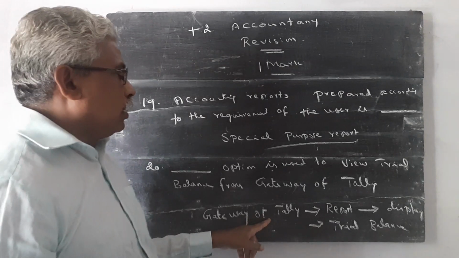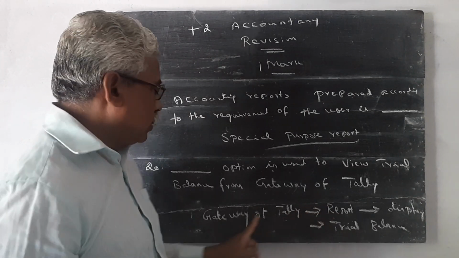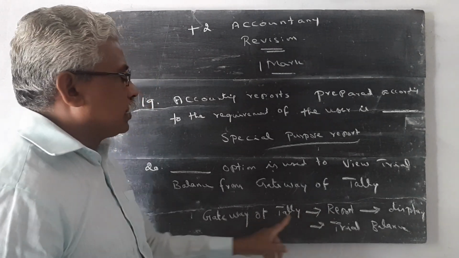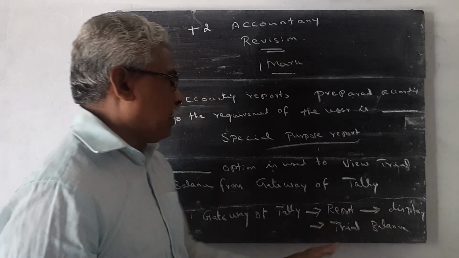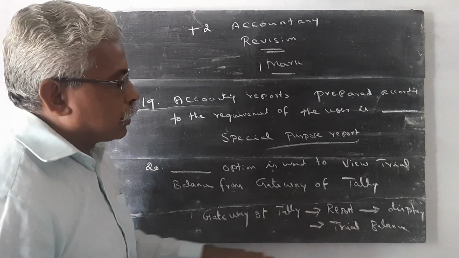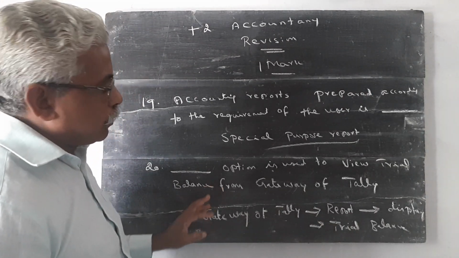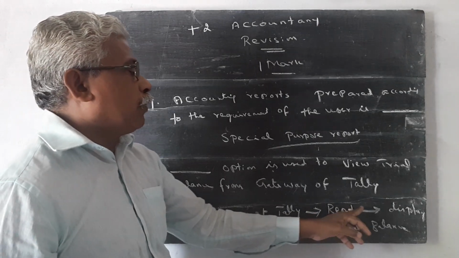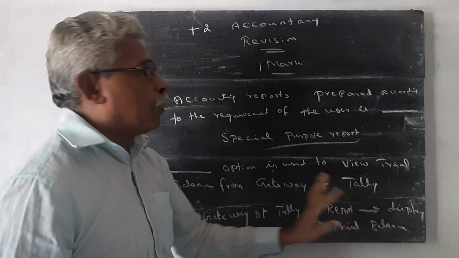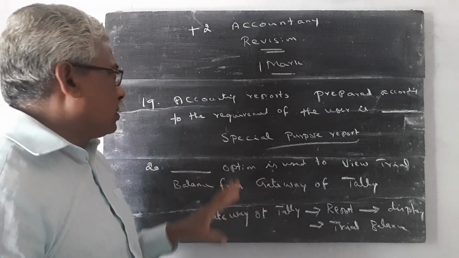Gateway of Tally, open report. Gateway of Tally gives report, gives display, gives trial balance. This is the answer. 4 options are given. Out of these 4 options, the correct answer is: gateway of Tally gives report, then we open display, then open the trial balance. These are all the 20 questions.